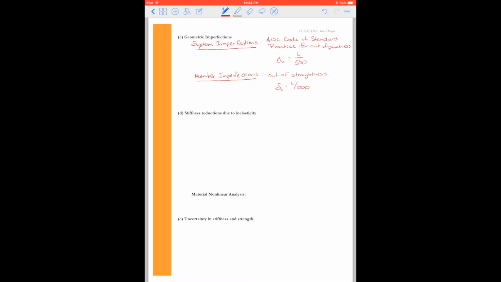Now, primarily, we are going to need to incorporate the system imperfections.